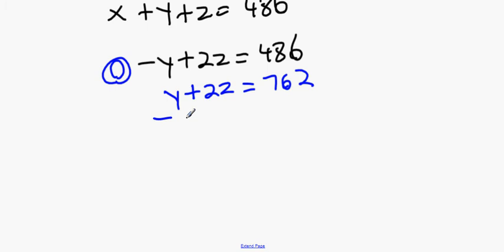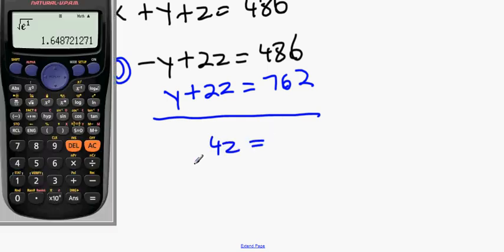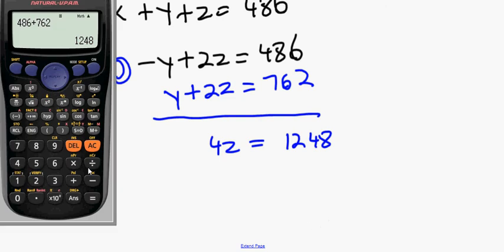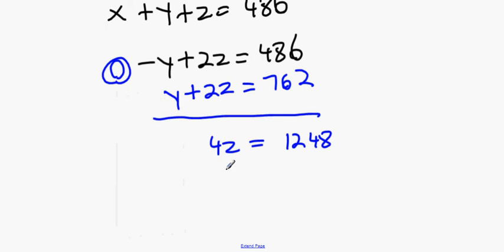And then we're going to get 4z equals 486 plus 762, 1,248. Then we divide by 4 to find out what z is, and z is 312. So z equals 312.